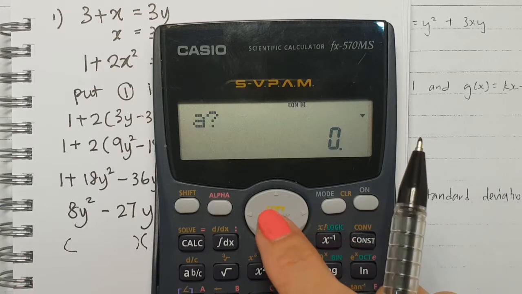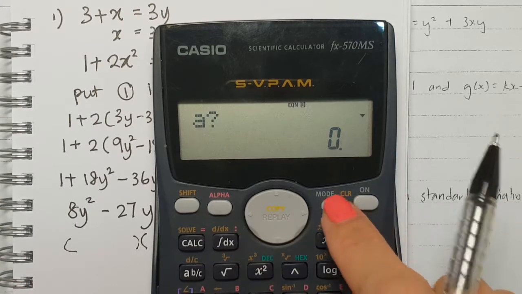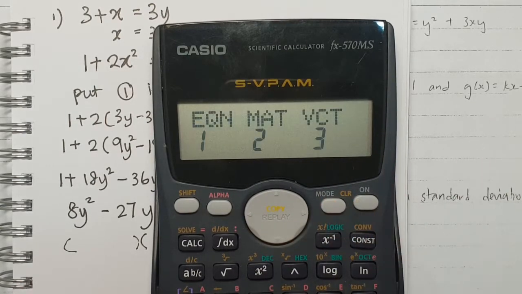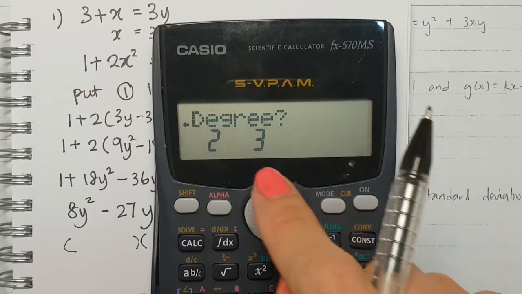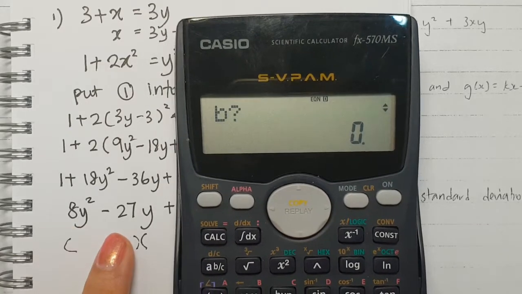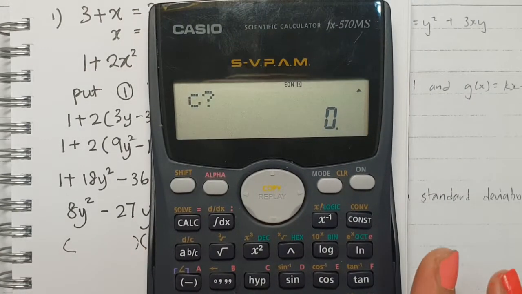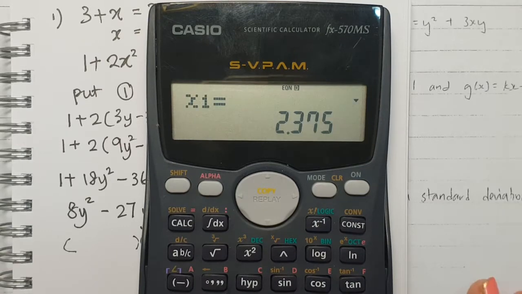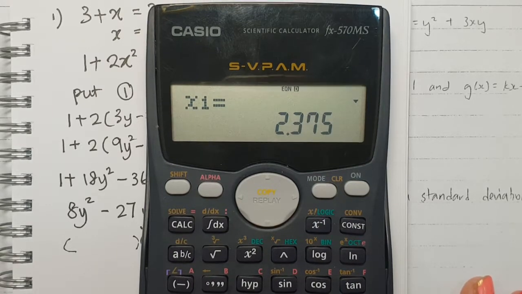Oh, wait a minute. I just want to check. I pressed the wrong thing. Okay, equation. And then the degree is 2. So what is our A? A is 8 equals, B is negative 27 equals, C is 19 equals. So our x1 is 2.375.